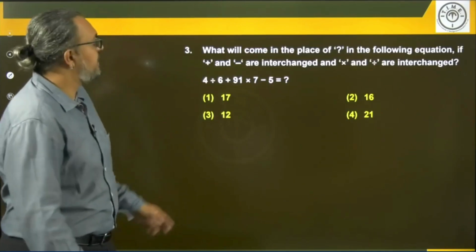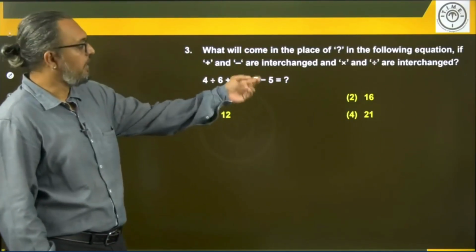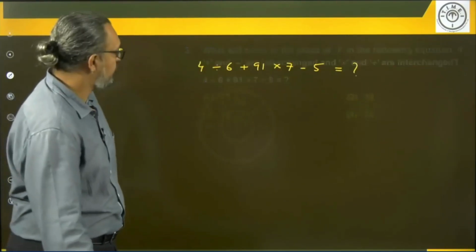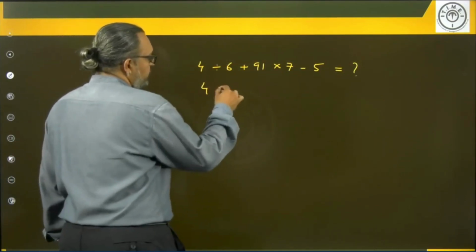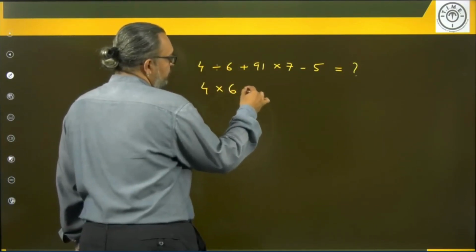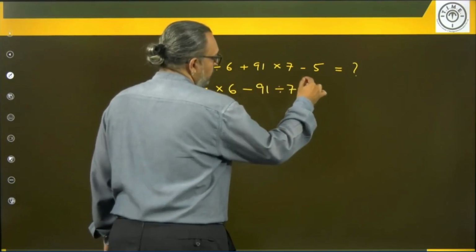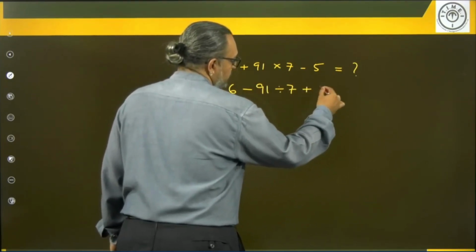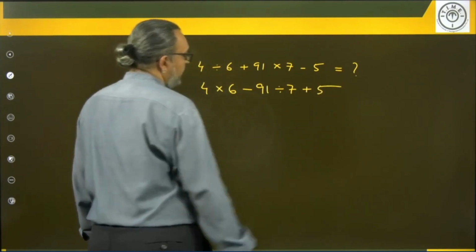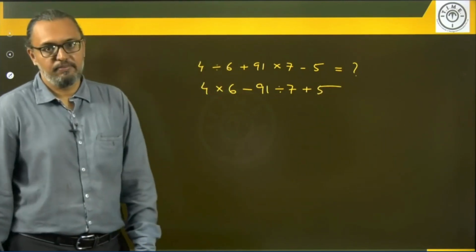But then he says interchange plus and minus and interchange into and division. So we interchange into with division, plus with minus. So this is my actual expression.